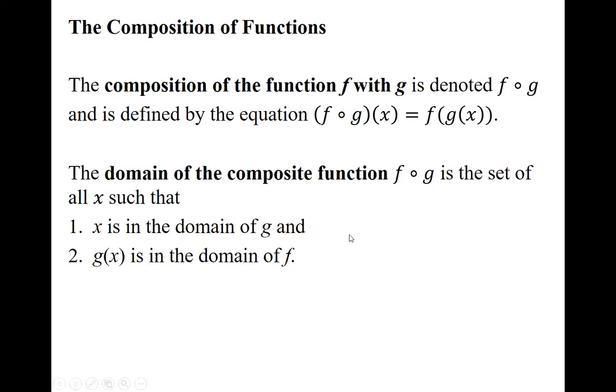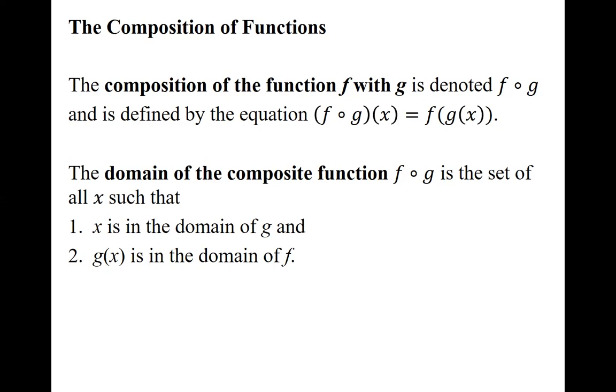So f composite g is f of g. The letters stay in the same order. So g composite f would be g of f of x. So pay attention to the order that you're asked to take the composition in, because f composite g and g composite f are not the same thing.